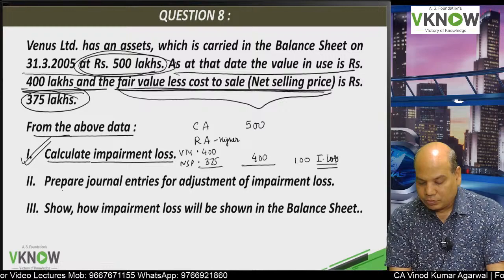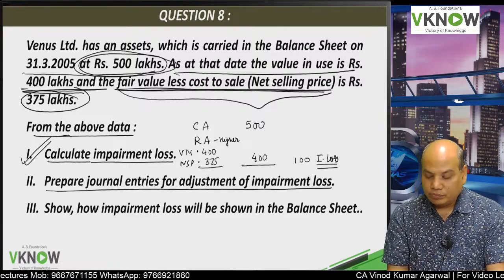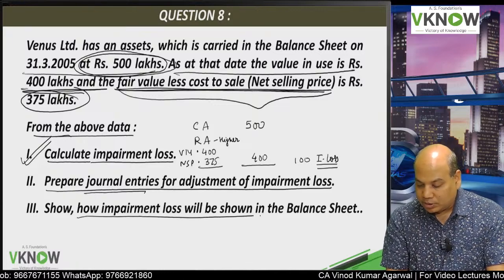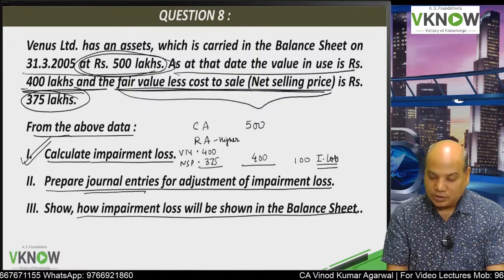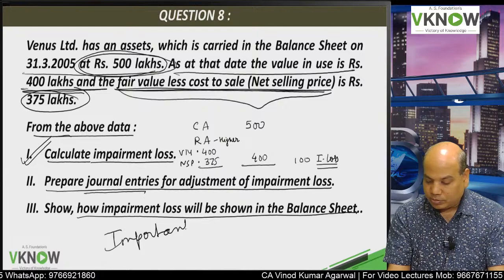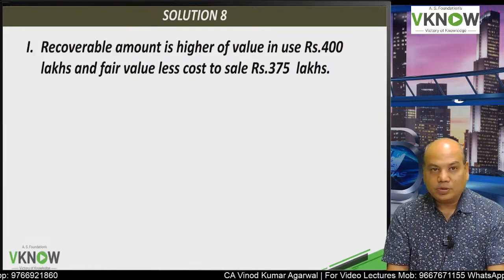Second answer, prepare journal entry for adjustment of impairment loss. Then you have to pass journal entries. And third, how the impairment loss will appear in the balance sheet. Important question. This is probably in your study material also. So how you present the answer is important.